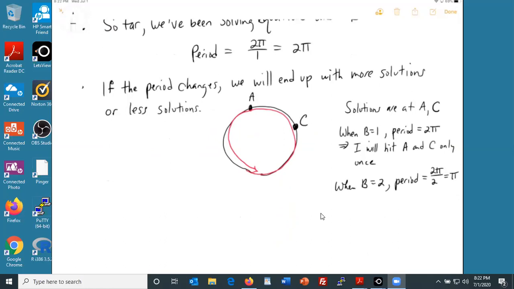And then what happens there, remember B is called the frequency. So in this case, I'm going to travel around the circle 2 times. I will go around the circle twice, which means what? Then I will hit A and C twice.